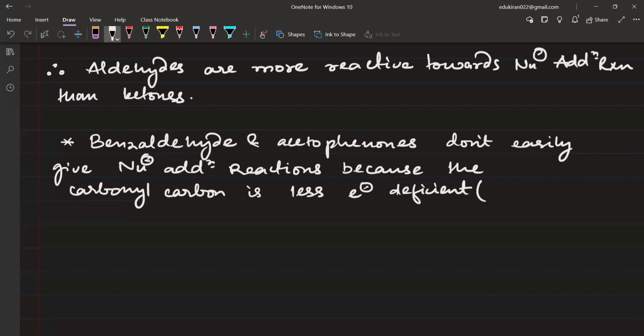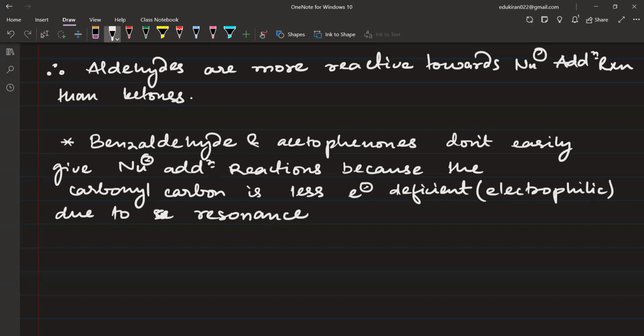Another word for electron deficient is electrophilic, so less electrophilic, is less electrophilic due to resonance. Due to resonance. Okay, please see what happens actually. You have carbon double bond O, and there is some group here.